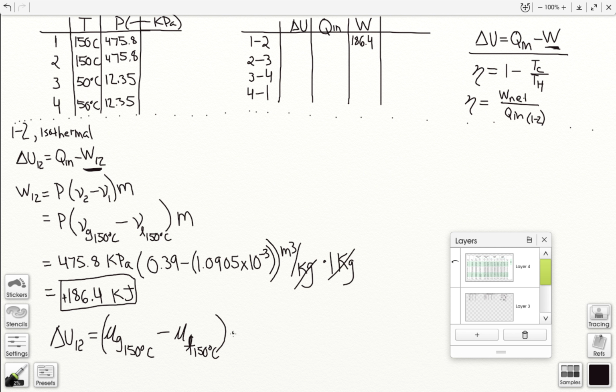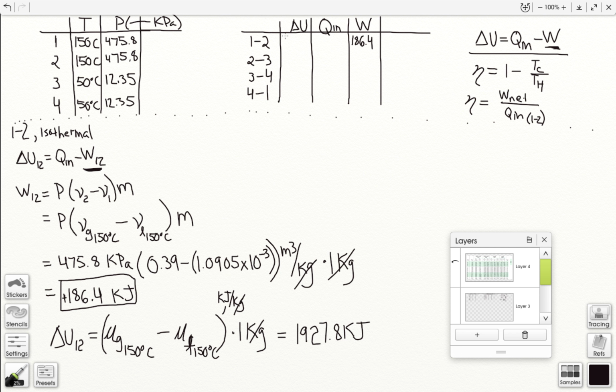So we're going to multiply this by, we've got 1 kilogram of mass. Sorry, the units of this was kilojoules over kilogram. So kilogram cancels out. And if we plug in the values from the table, we will get 1927.8 kilojoules.